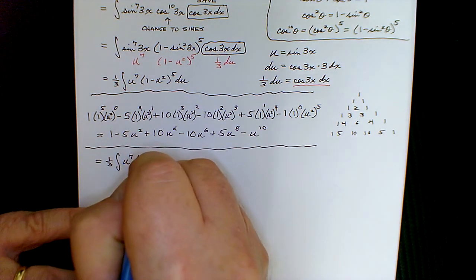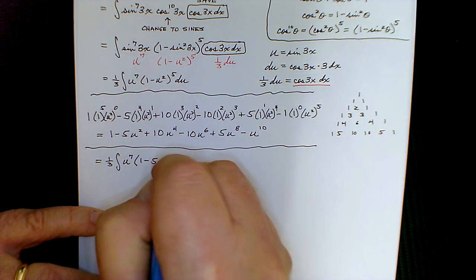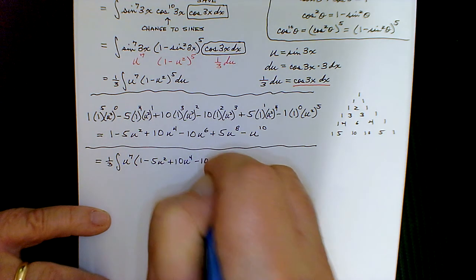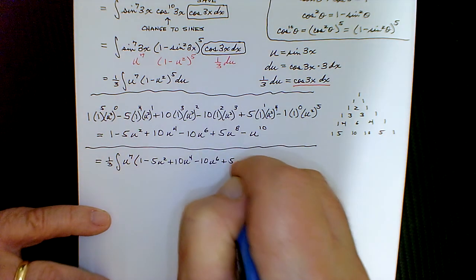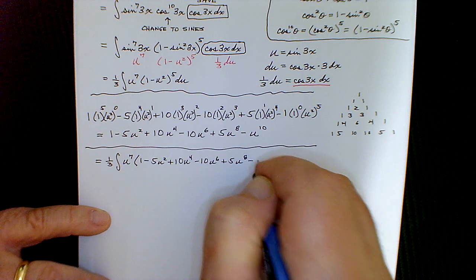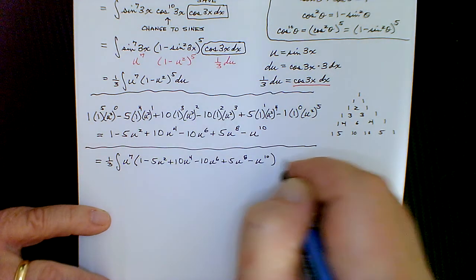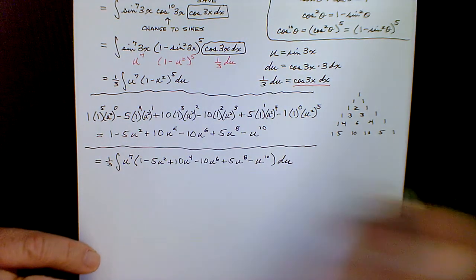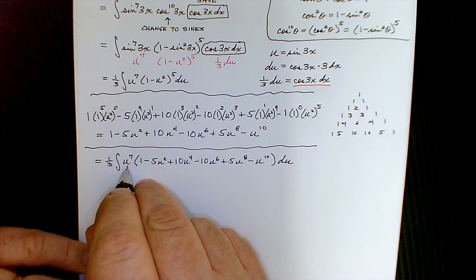1 minus 5u squared plus 10u to the 4th minus 10u to the 6th plus 5u to the 8th minus u to the 10th, all with respect to u. And before we can integrate, this u to the 7th needs to be distributed.